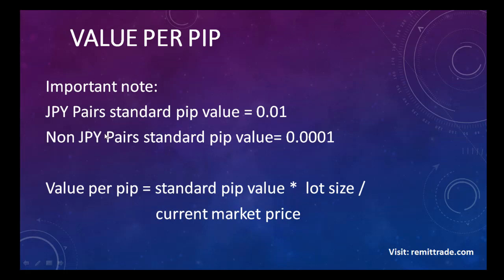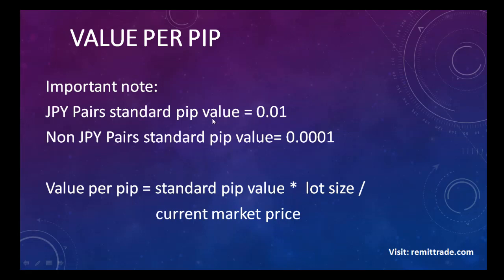In my last video, I talked about how to do your PIP calculation, and I made mention of the difference between the JPY pairs and the non-JPY pairs. I said for the JPY pair, you have to calculate your PIP from the second figure after the decimal point. So in this case, 1. When we did that in our calculation, we started from the second number.